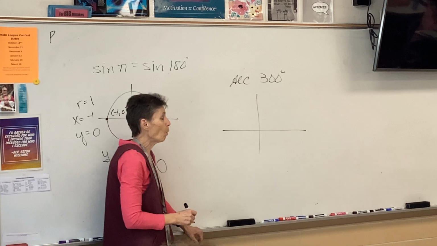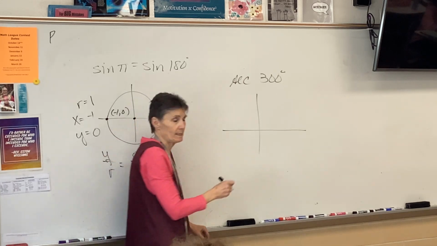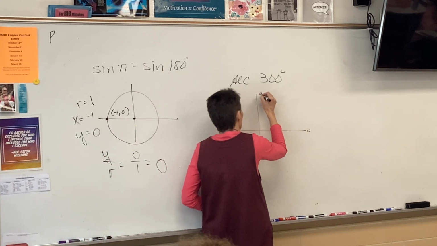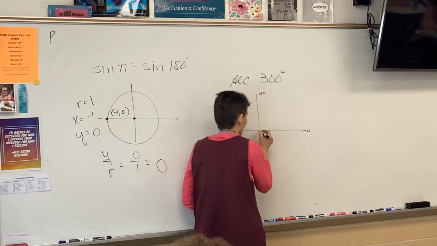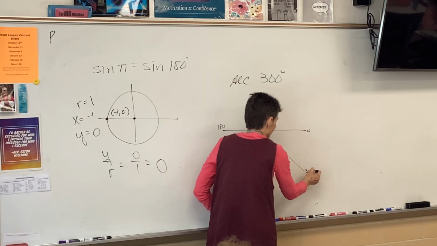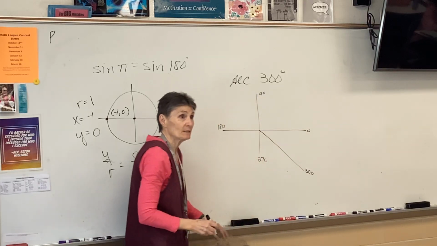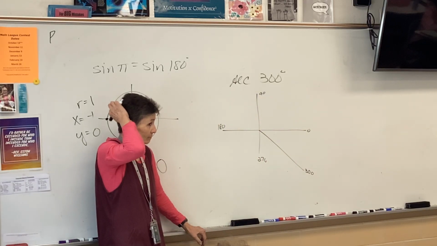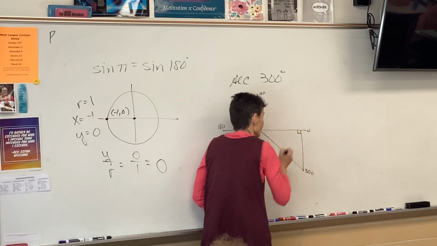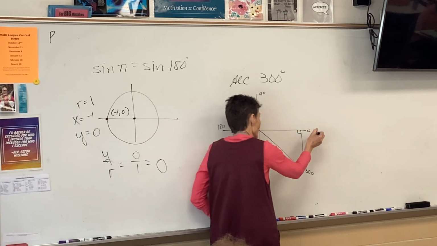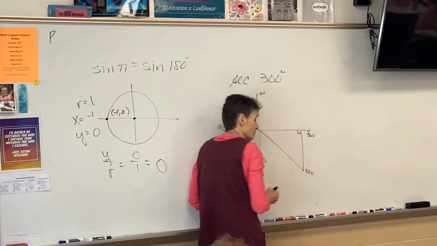Stephanie, which quadrant is 300 in? Where will I draw 300? The fourth quadrant. Very good. After 270, so 360.